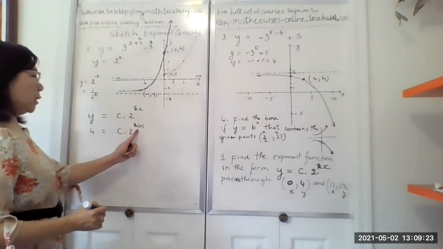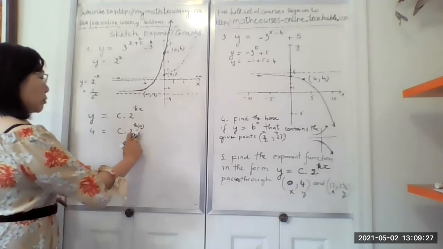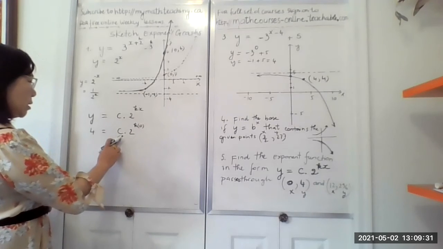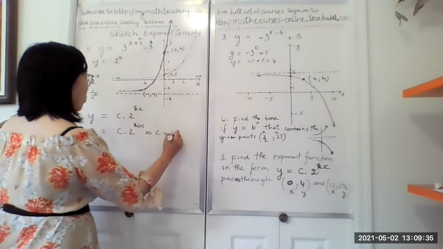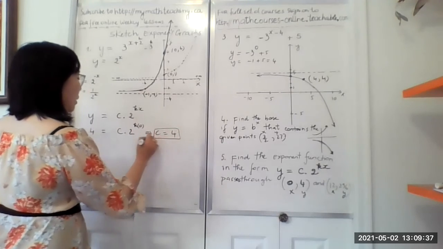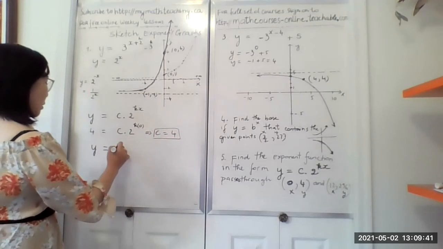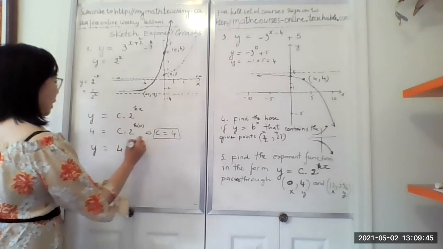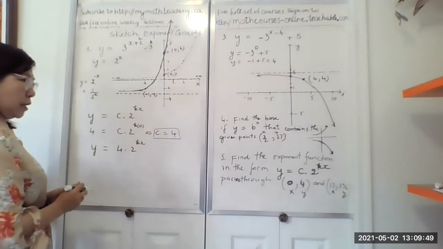And 0 times k becomes 0 in the exponent, which means 2 to the power 0 is 1. 1 times c is c. So it turns out c equals 4. Now we substitute c back into the equation, which is 4 times 2 to the kx. And now we can use another point and solve for k.